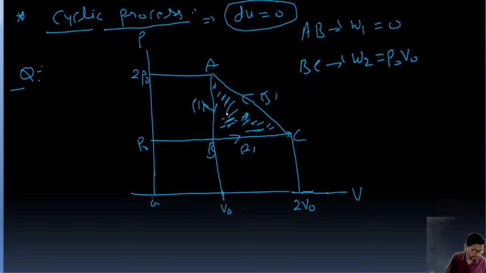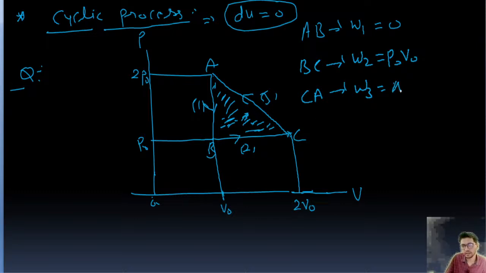Okay, and now C to A. This is a cyclic process we are discussing. C to A, that is W3, right? W3 is going to be, going from C to A, the area covered by this curve, which is the area of this triangle plus the area of this rectangle.